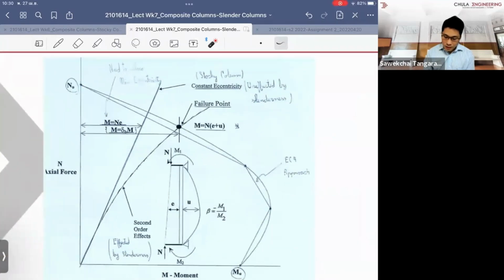And what is happening in this case is this: when you consider the loading line, or rather, in the interaction diagrams, you have the loading lines that I told you about, which come from the perfect case for the stocky column, which is unaffected by the slenderness. This is my handwriting, right.